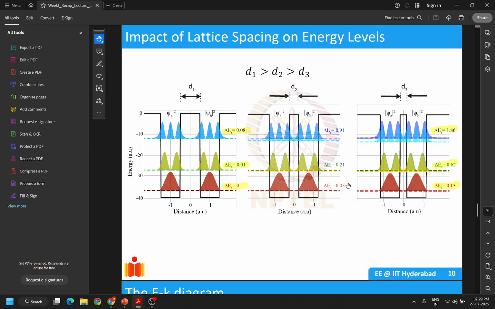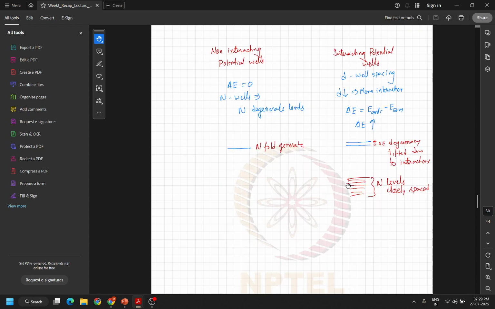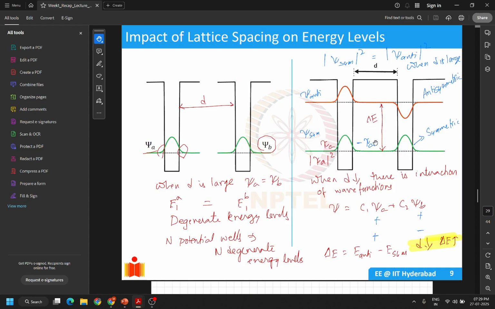When atoms are arranged in a lattice and they are close to each other, then for n number of interacting potential wells, there are n number of wave functions formed.